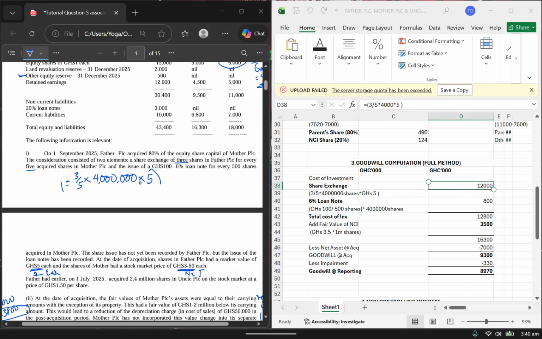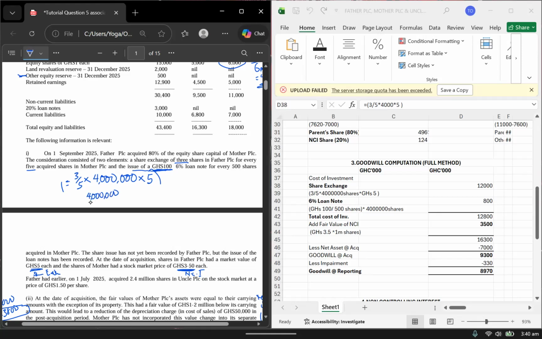And then that wasn't the only consideration that they gave. They said the issue of 100 Ghana cedis 6% loan notes for every 500 shares acquired in Mother PLC. So it's the same as if you're acquiring 4 million shares.